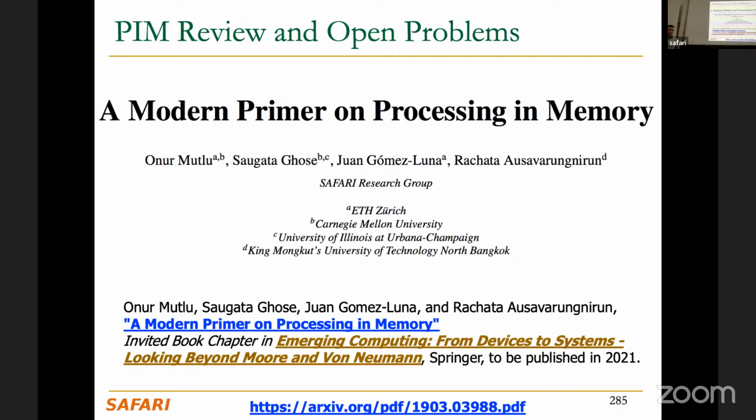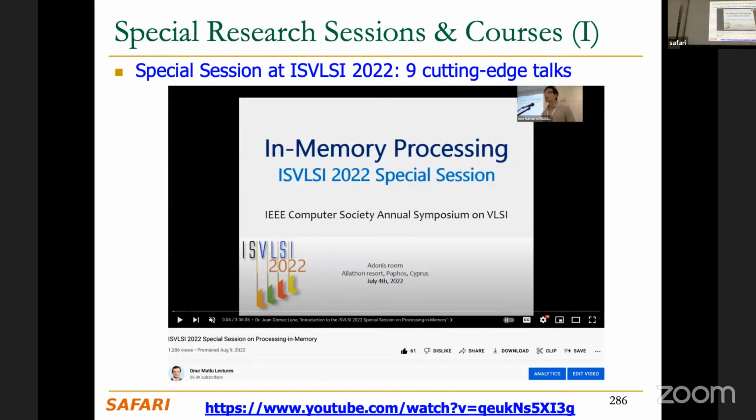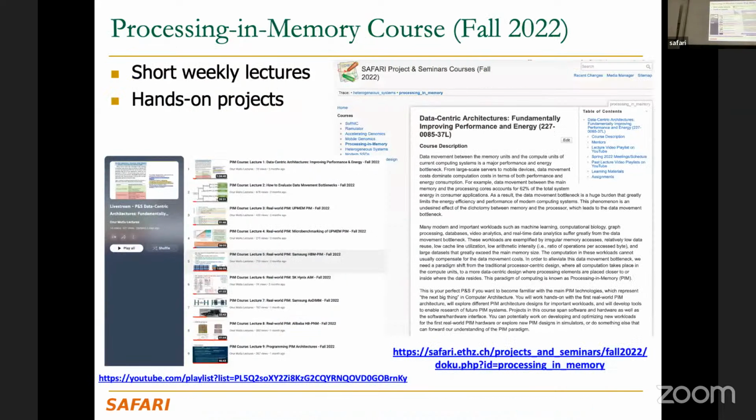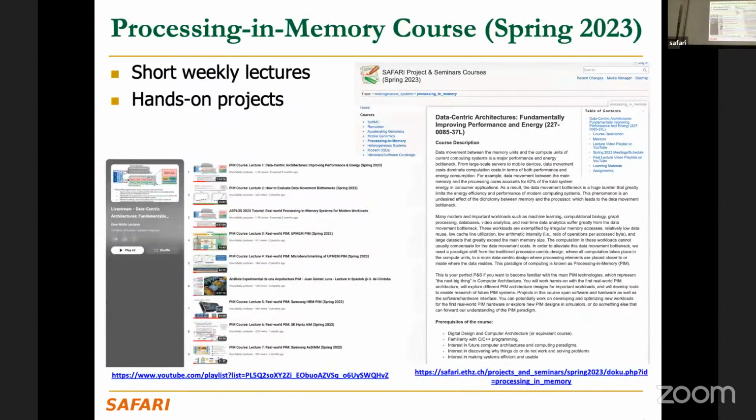If you are interested in further discussion on all of those topics that I mentioned here, I invite you to check our book chapter, and we also have some lectures online covering all of these processing memory concepts. We have had classes here at ETH in previous semesters dedicated only to processing memory systems.